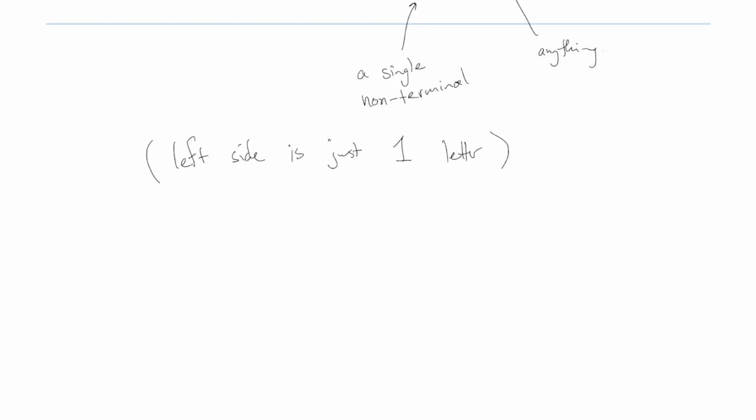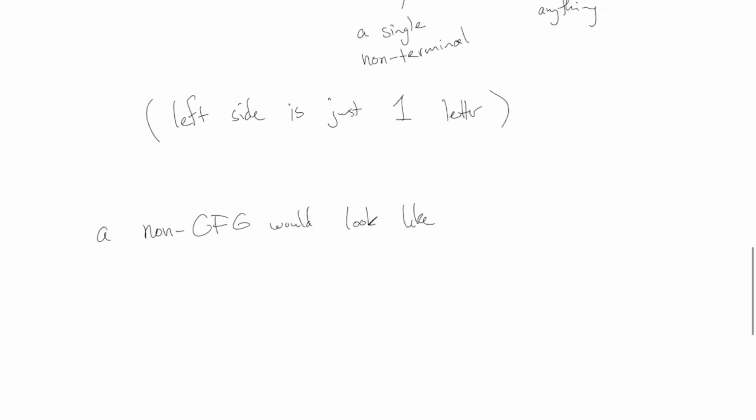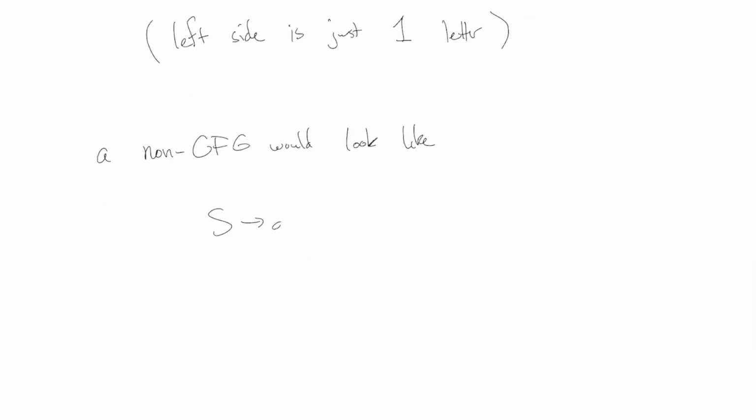Something that's not context-free would look like something like S goes to AT or T, T goes to BSB or epsilon, AT goes to BBB.